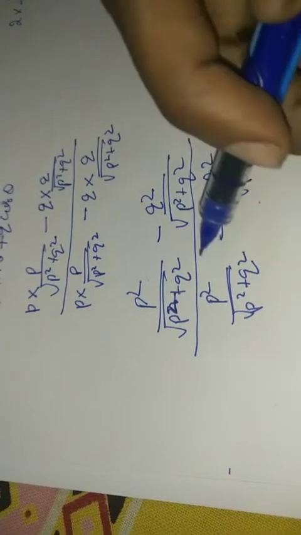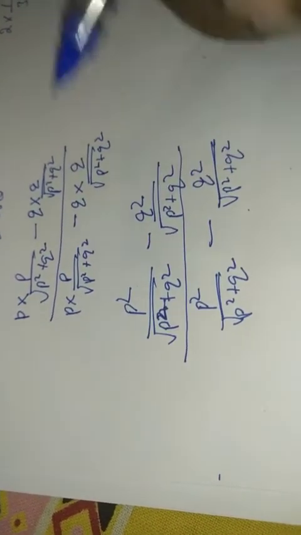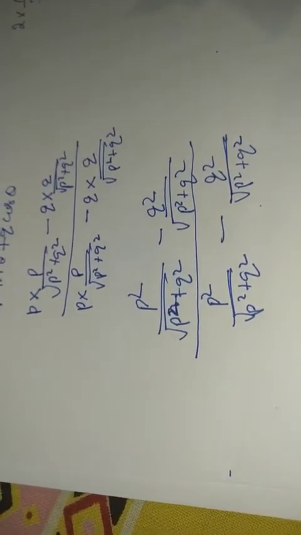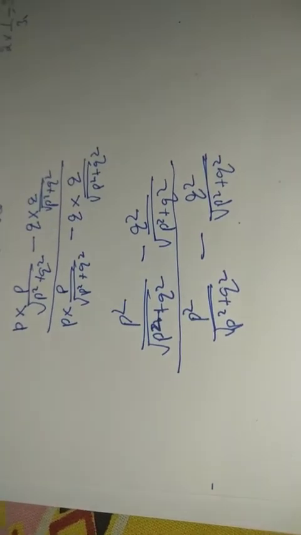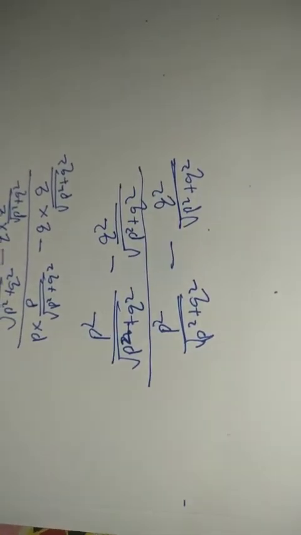Now do not ever cancel out. You may think let's cancel this term with this term. No, this is only possible if we are having one single term in the numerator and one single term in the denominator. So we cannot cancel out.